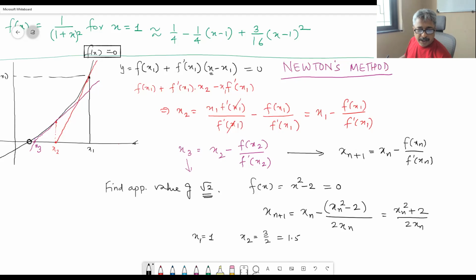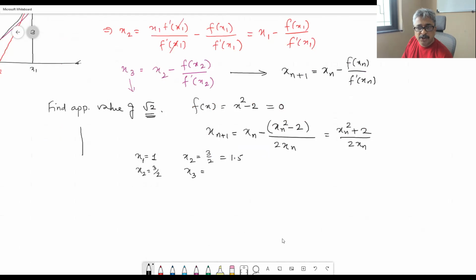Okay, so now I take x2 as 3 by 2, then x3 becomes 3 by 2 square plus 2 upon 2 into 3 by 2, which is 17 by 12, which is equal to 1.4166. If x3 is 1.4166, then x4 becomes 577 upon 408, which is 1.414215.